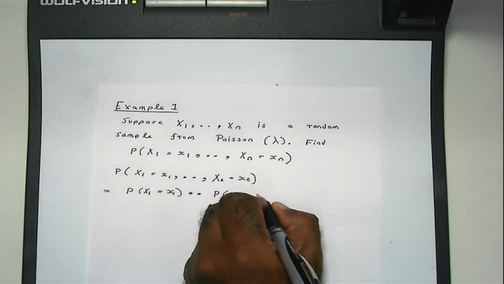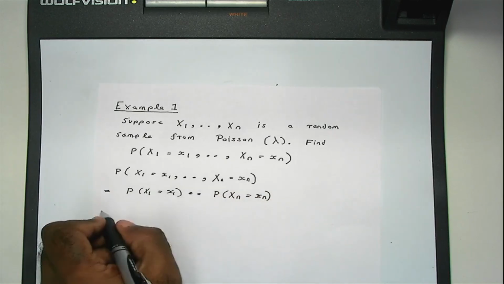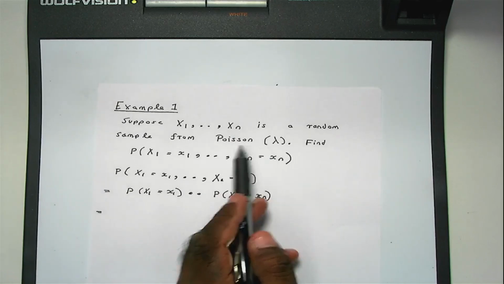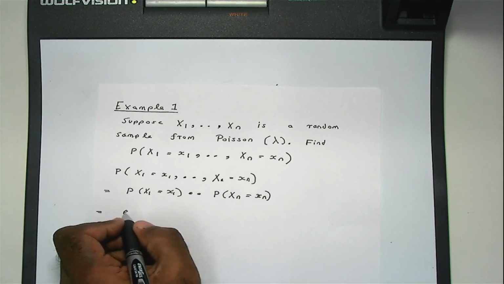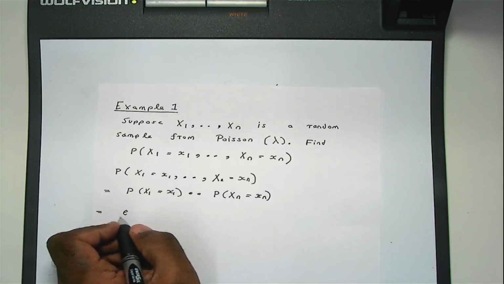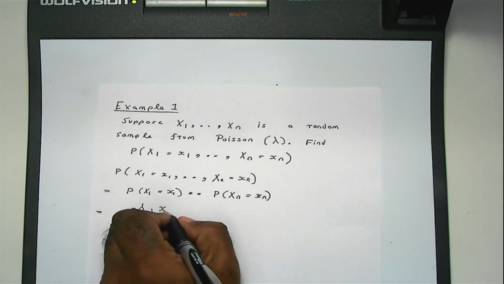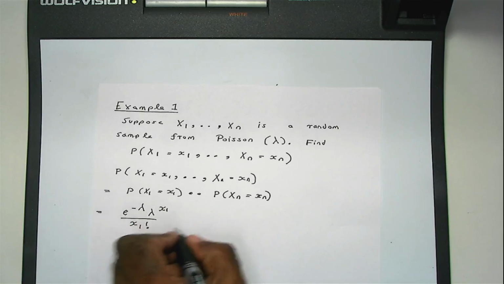Now each of these probabilities, we are told, has a Poisson distribution. So this term here, I'm sure all of you know the PMF of the Poisson, which is e to the minus lambda, lambda to the power x1, over x1 factorial.